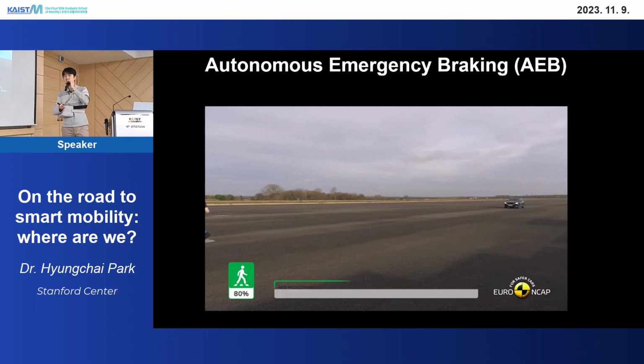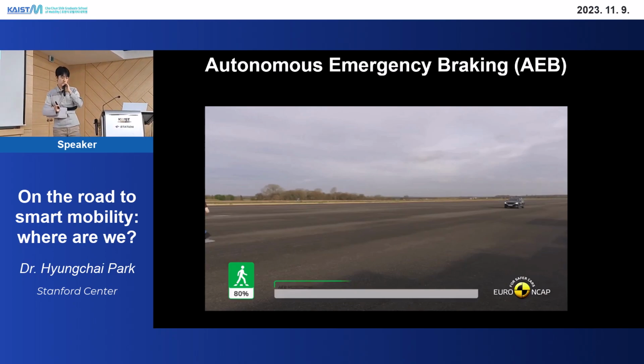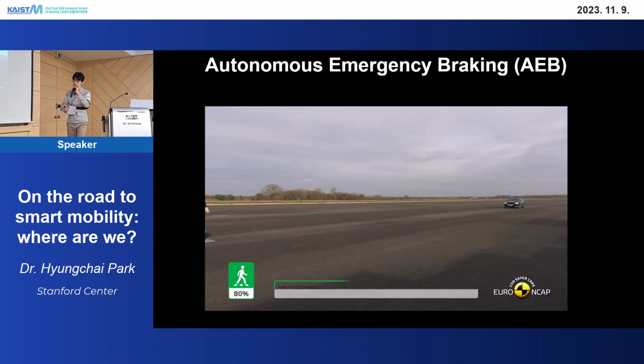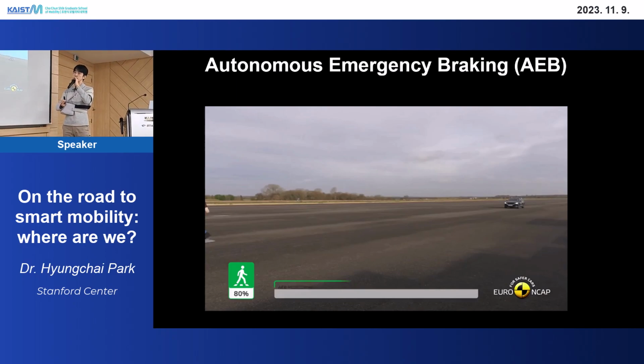You might have seen the 5-star safety rating in the advertisement of cars. From a marketing standpoint, it is very important to say that our cars are safe. So car makers are trying to make these systems better and better, and the test protocols of these systems are getting more complex every year.